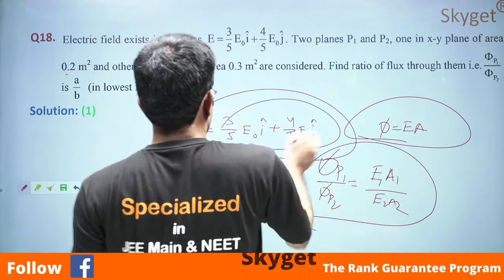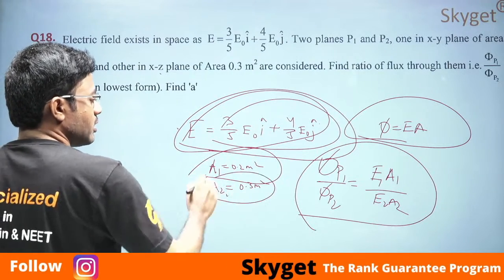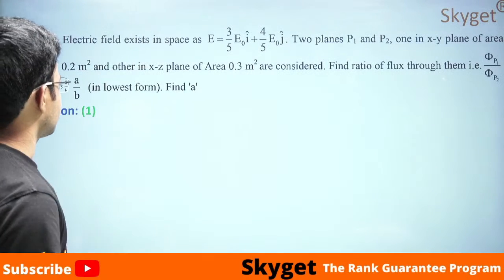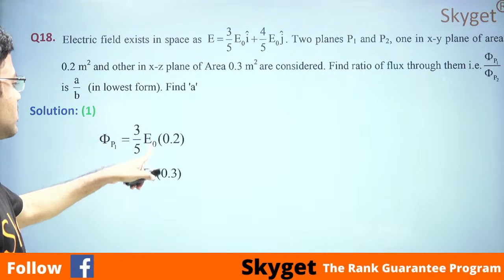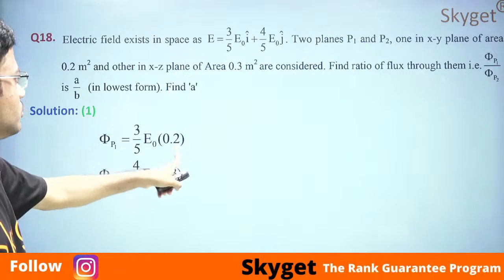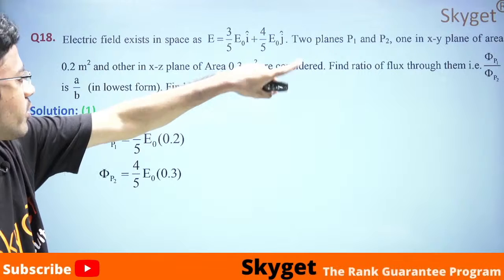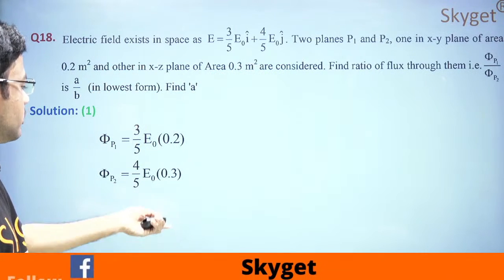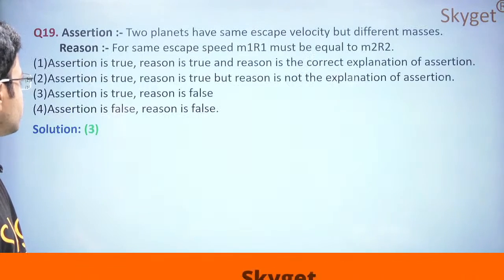You have the value of E and you have the values of both the areas. If you substitute in this, you will get the ratio. So this is what we have done exactly. Phi P1 is equal to the field in the direction of the x axis, 3 by 5 E naught, into 0.2, what is given here. In P2, that is 4 by 5 E naught, because it is in the direction of the xy plane and this is in the direction of the xz plane, into 0.3, which is the area. So their ratio is 1 by 2.